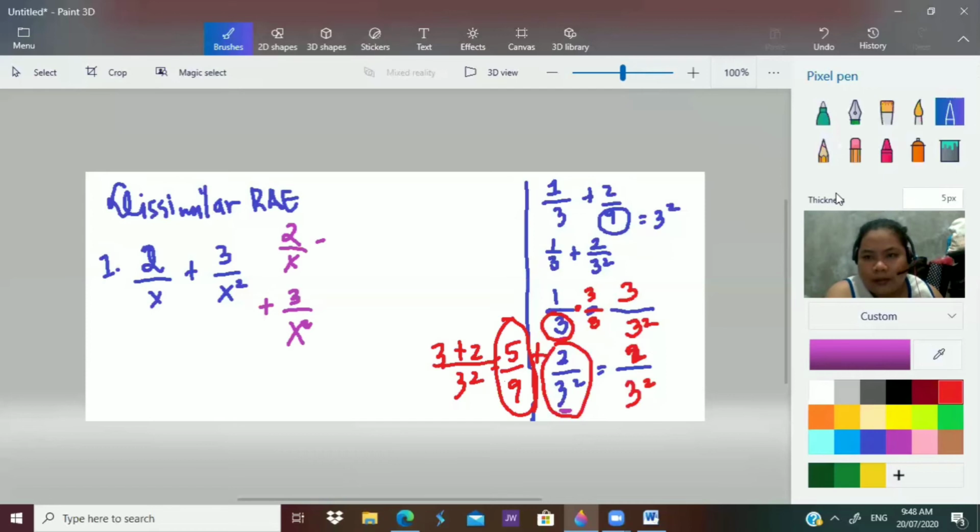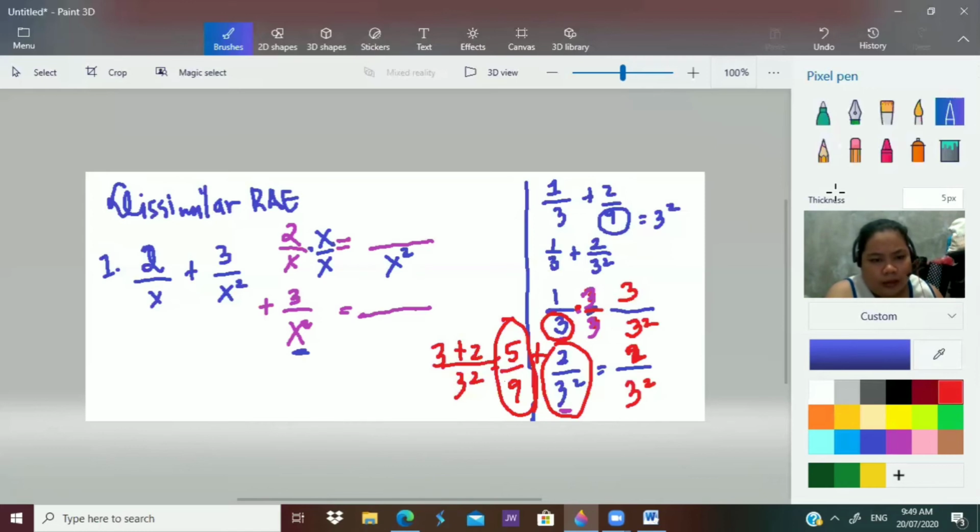Katulad ng ginawa ko dun sa context ng numbers, sino yung mas madaling mag-adjust sa kanila para maging similar ang denominators? Kung titignan ninyo dito, nag-times ako ng 3 para maging 3 square. So dito, pwede ako mag-times ng x over x para maging x squared. Okay, so ito magiging x squared ngayon.